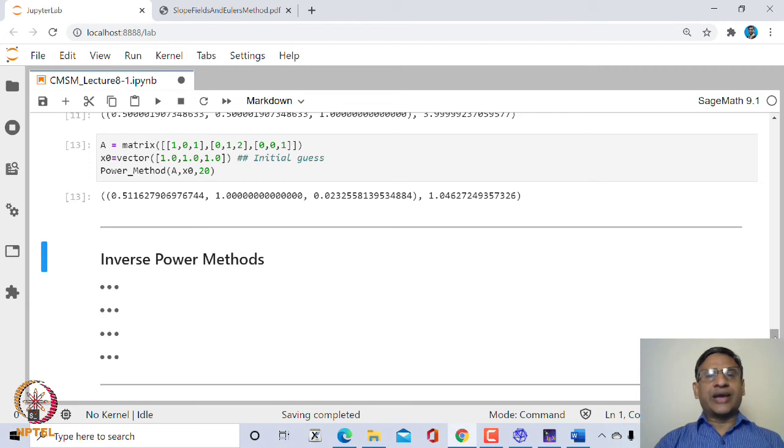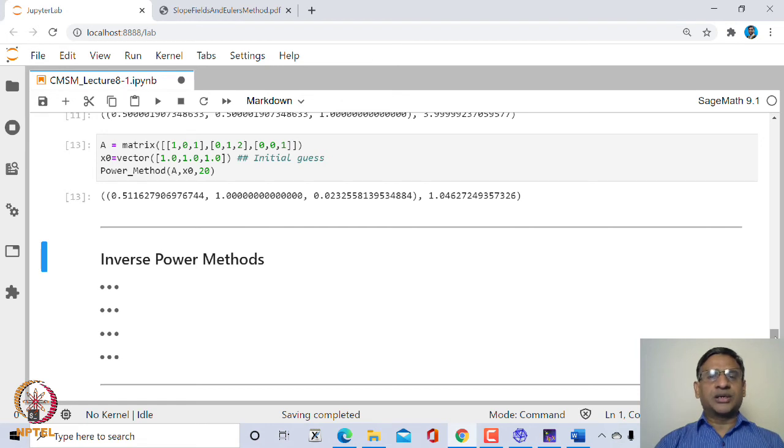You know that the eigenvalue of A inverse is 1 upon the eigenvalue of A. If lambda is an eigenvalue of A, then 1 upon lambda is an eigenvalue of A inverse. So if you find the dominant eigenvalue of A inverse, that will be nothing but the smallest eigenvalue of A.